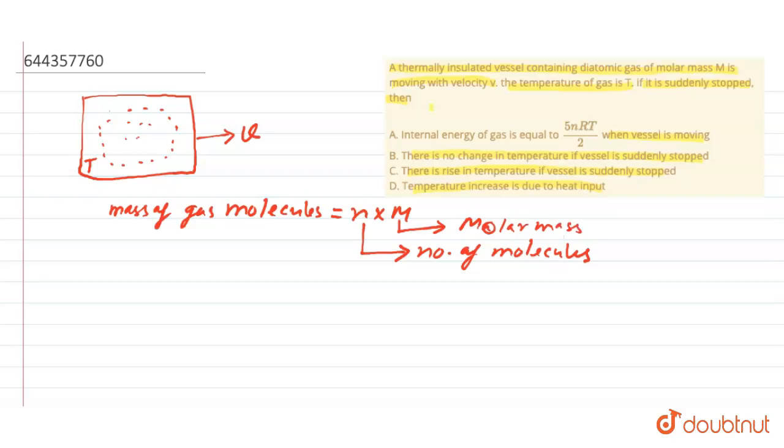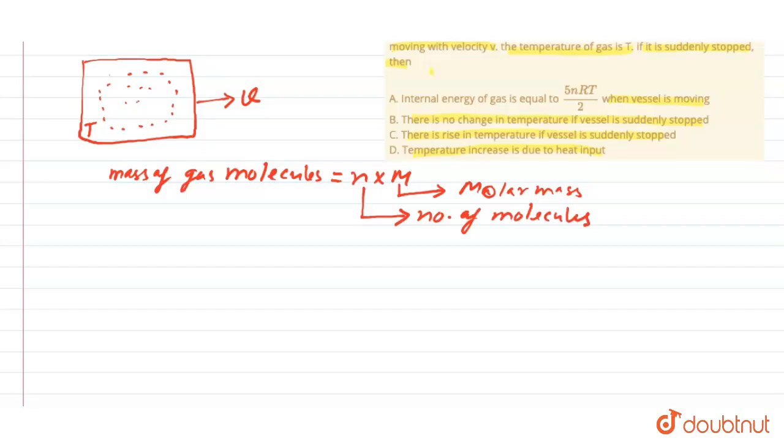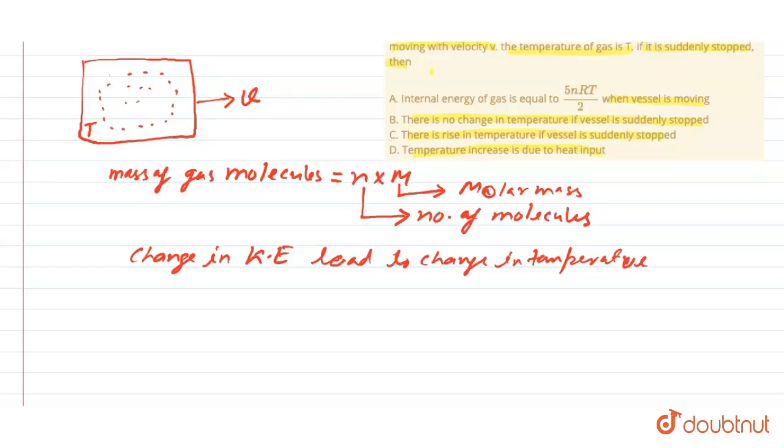When it is moving with velocity v, there is a change in the kinetic energy. The change in kinetic energy leads to a change in temperature, or you can say that if you change the temperature, then the kinetic energy will also change. If you increase the temperature, then the kinetic energy will also increase.